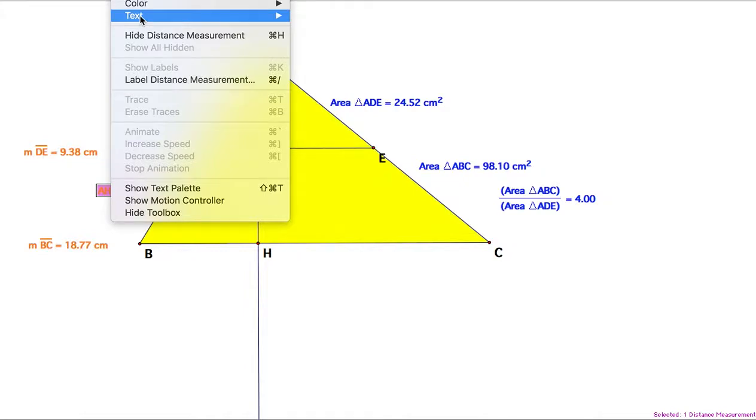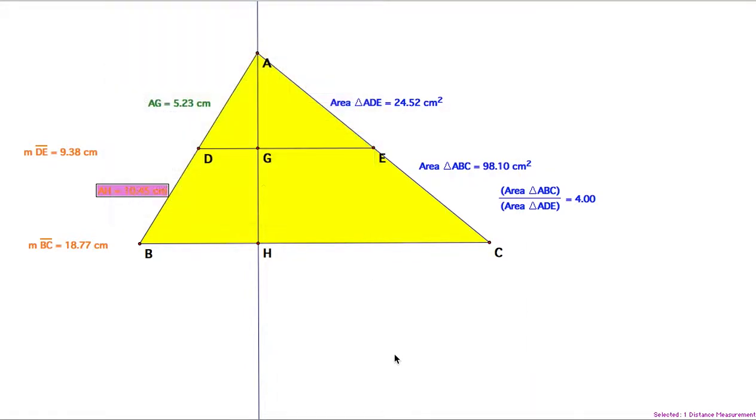So we notice that the height of the big triangle is twice as tall as the height of the little triangle. And if your height is twice as tall and your base is twice as long, your area is going to be 4 times longer because 2 times 2 is 4.